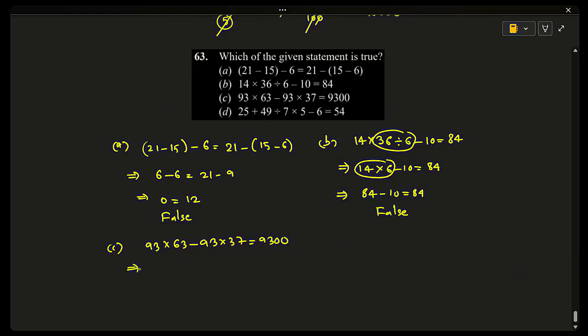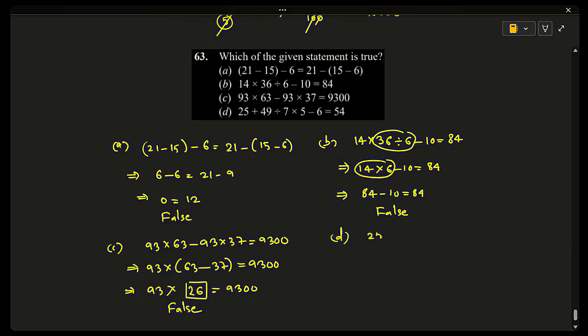Let's be right. 93 if you take common, it will be 63 minus 37 equal to 9300. So 93 into 63 minus 37, this is 26, is equal to 9300. We know this is wrong. Why? Because we know 93 into 100 will be 9300, not 26. That is false.